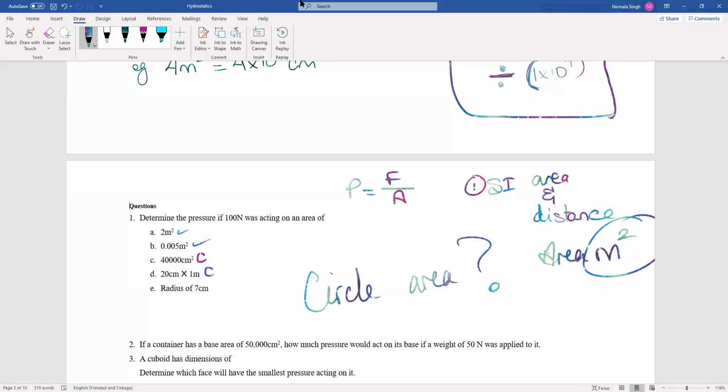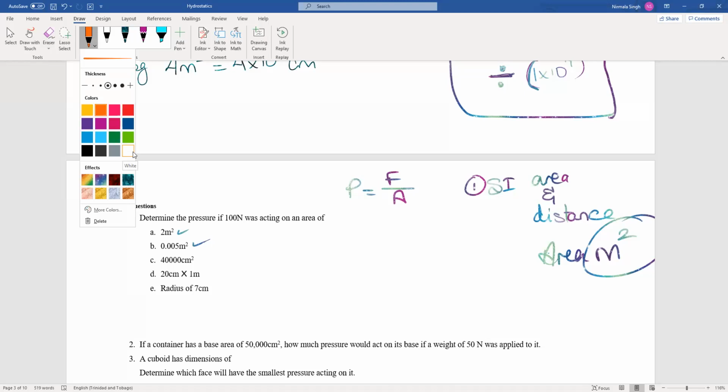Pi r squared. Thank you. Remember, you must have all your lengths in meters. So you're going to have to convert your 7 centimeters to meters. Some of them you can do mentally, and others you're just going to have to put a little bit of working in.